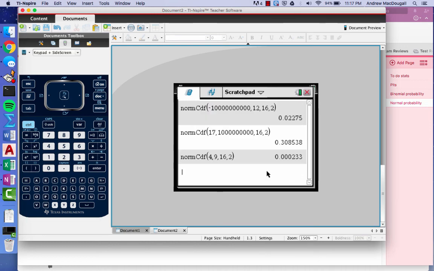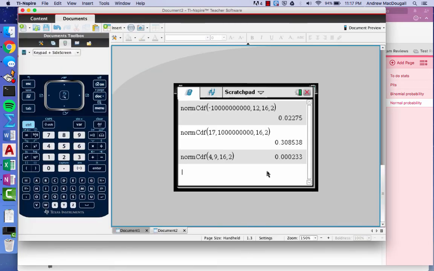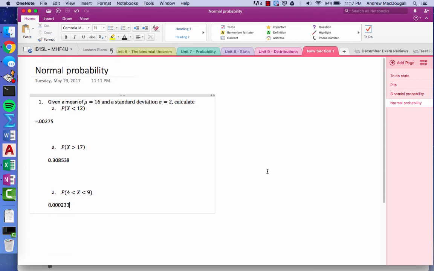And we get 0.00023, which makes sense because both those values are far from the mean. And let's write the answer as 0.000233. So those are the basic ways to do normal probability on your calculator.